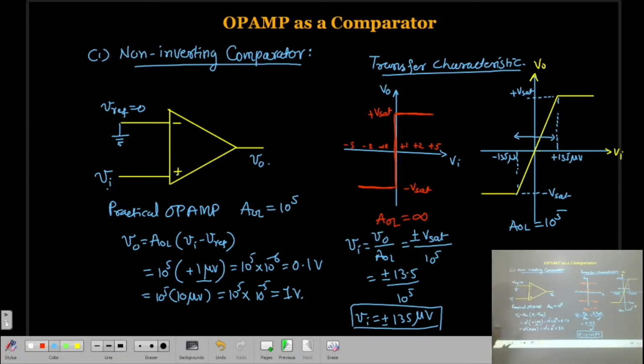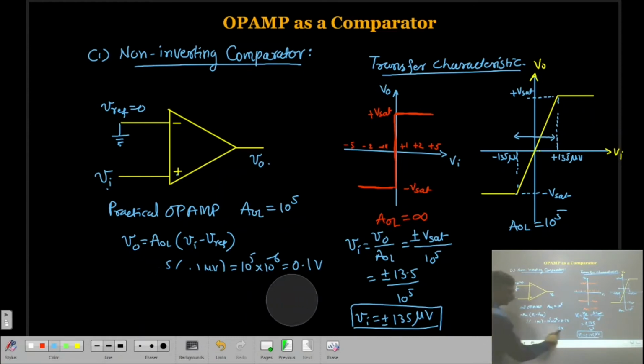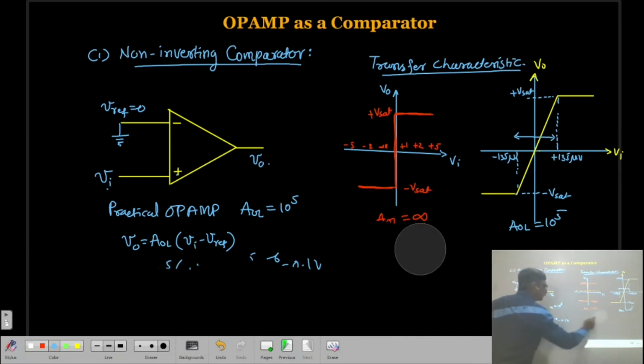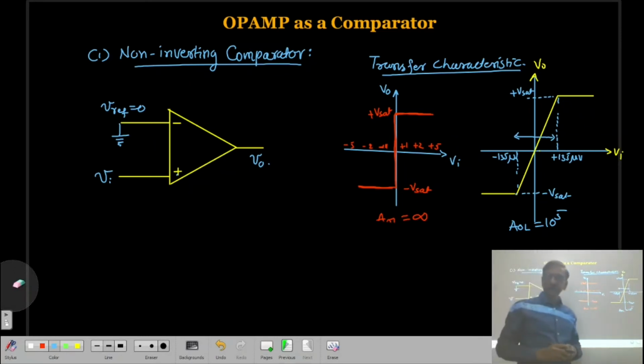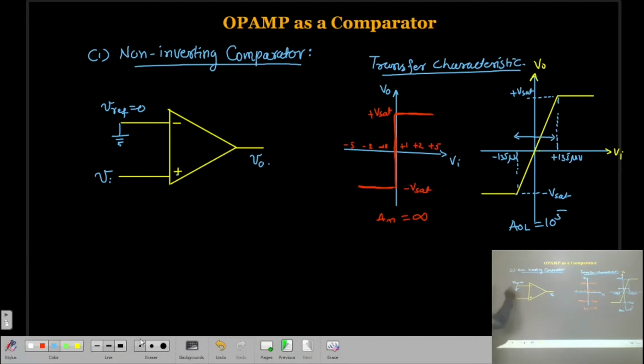Okay, now one more thing, remember that here my reference voltage is 0 volt. Now instead of 0 volt, if I apply some voltage, let us say this voltage is here, we can rub out this.